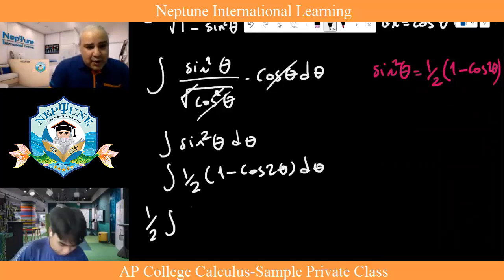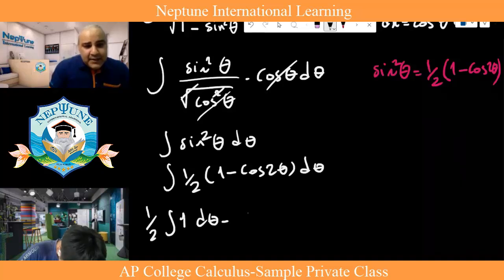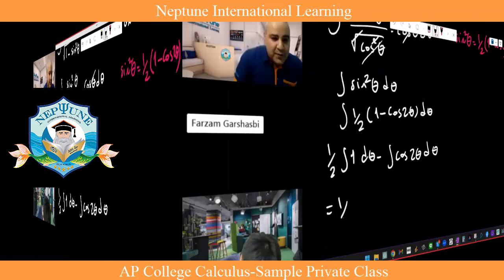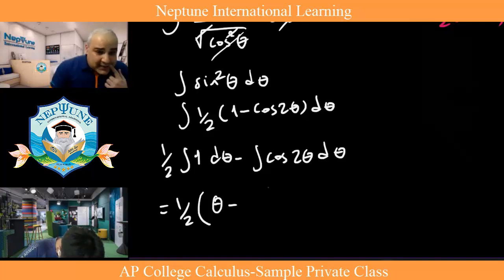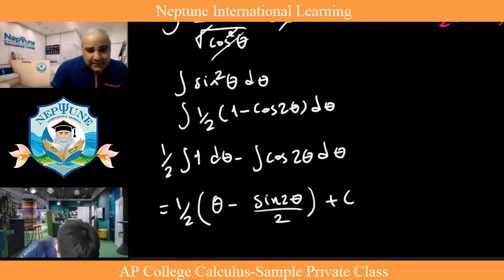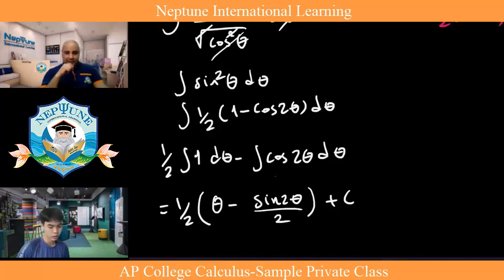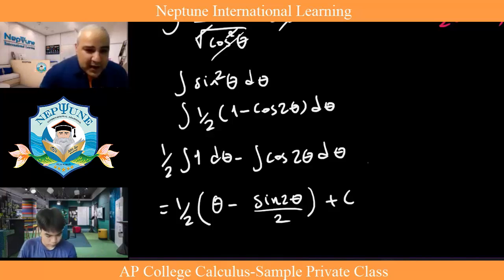Then use the properties, so that becomes integrate 1 d theta minus integrate cosine 2 theta d theta. 1 over 2 times the integral of 1 is just theta. Then the integral of cosine is sine, but it's 2 theta, so we divide by 2. Then plus c. Did I do it correctly?